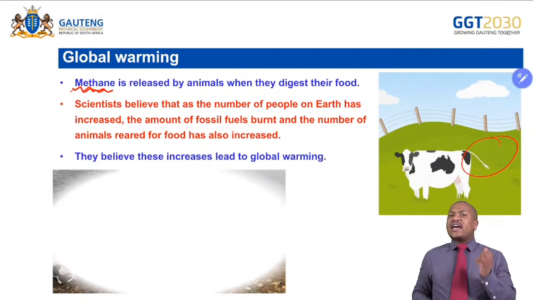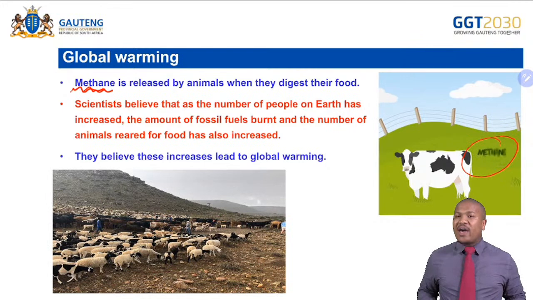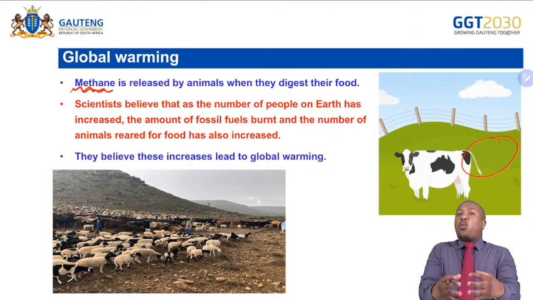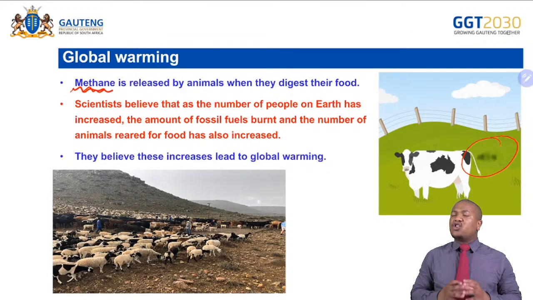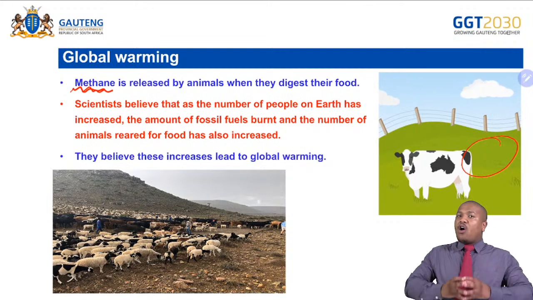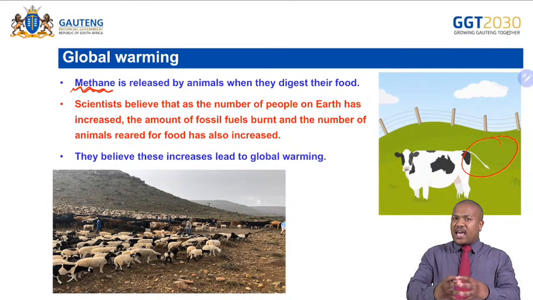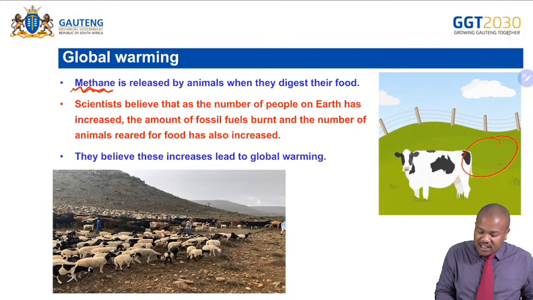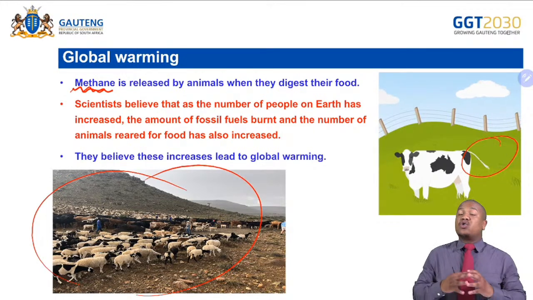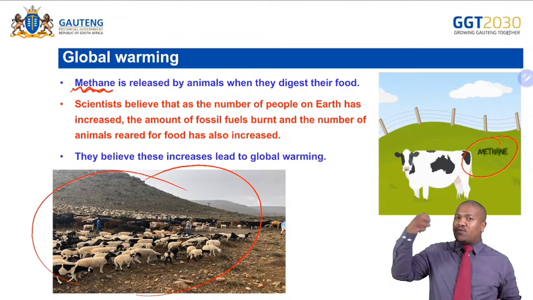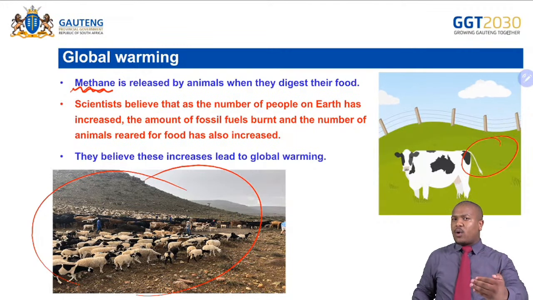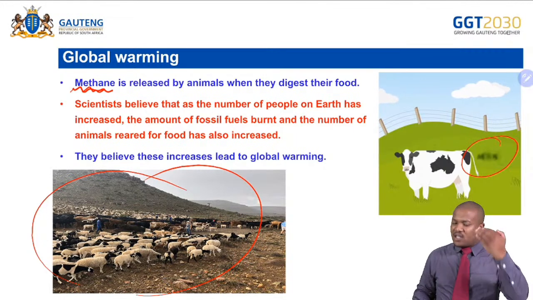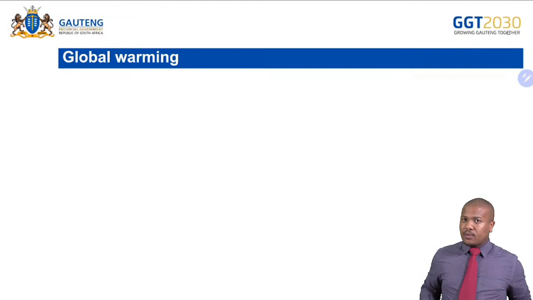So imagine in a case like this one, you have many cows at one place. There is a lot of digestion and a lot of emission of methane gas. So it is highly concentrated in this place and also absorbed by the atmosphere, which later contributes to global warming and climate change.